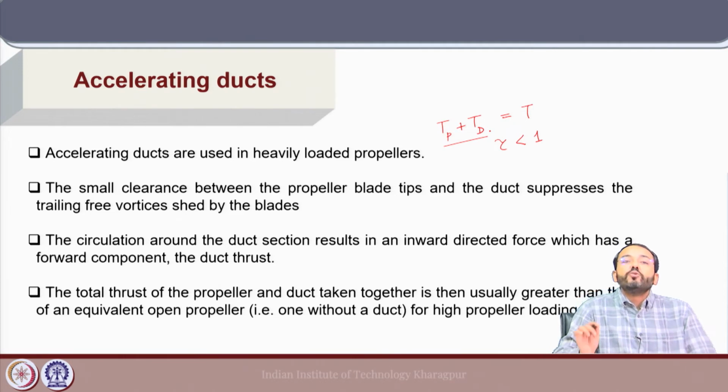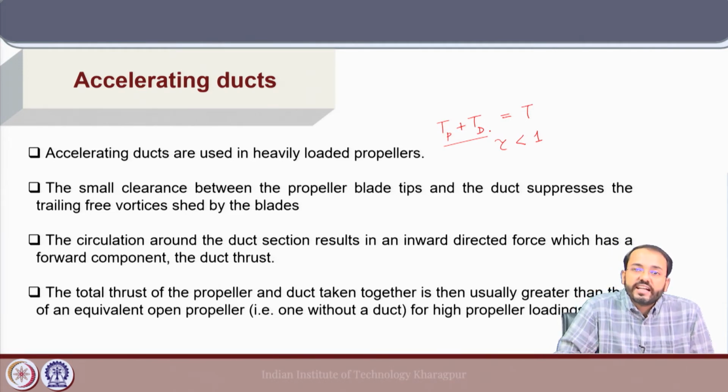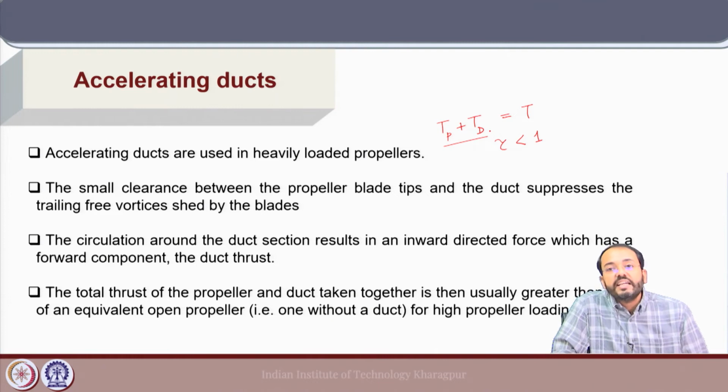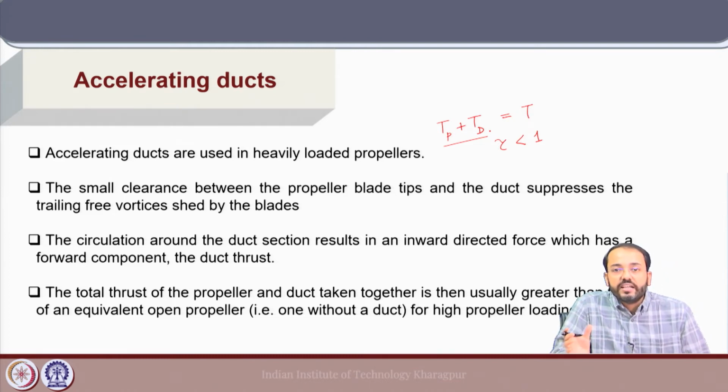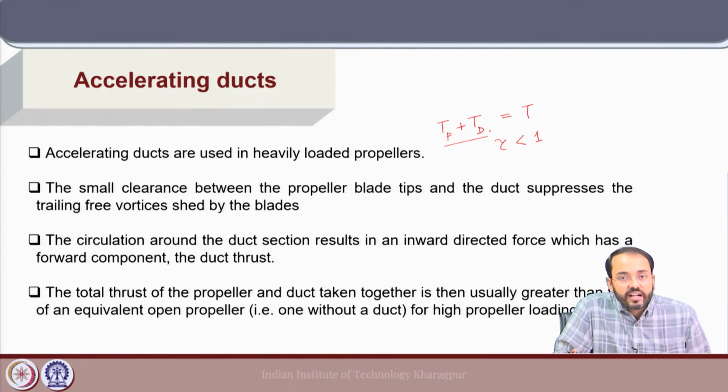And finally, the total thrust of the propeller and duct taken together is usually greater than that of an equivalent open propeller. That means, when we say open propeller, we mean a conventional propeller where we do not have the duct.